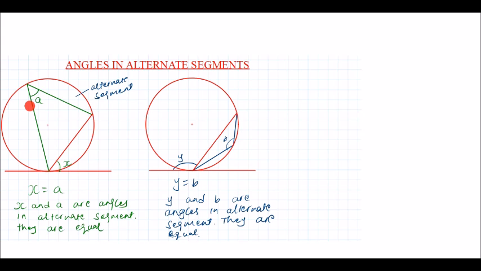We have the major segment and the minor segment. Now, when we draw a tangent like this one, that touches the chord, what is formed is an angle. This angle X.